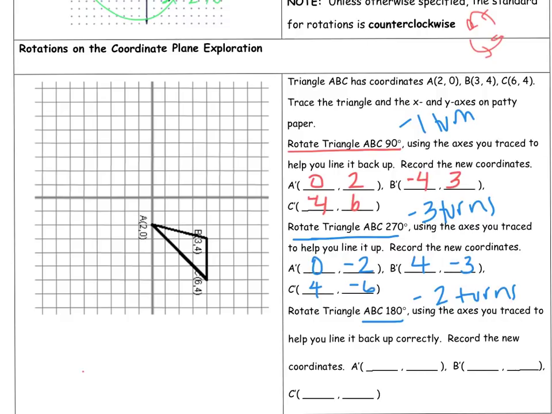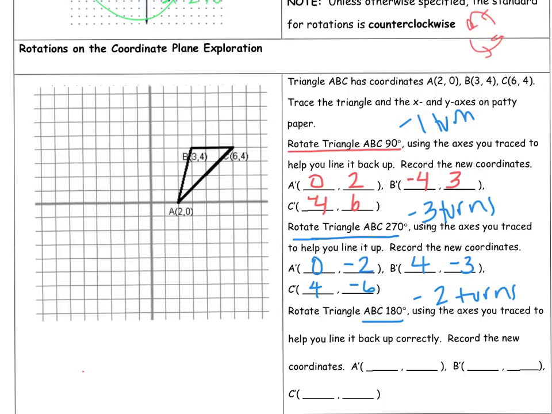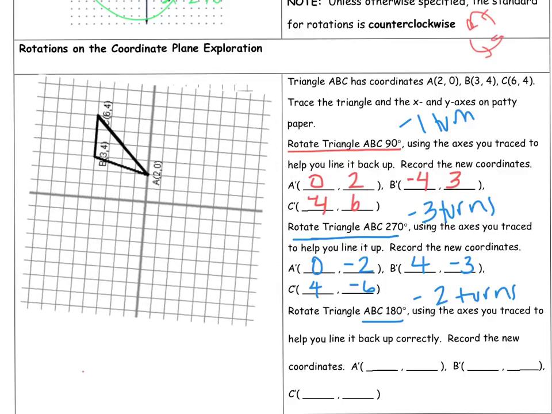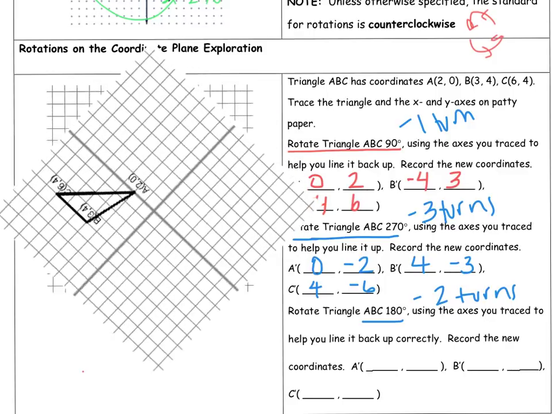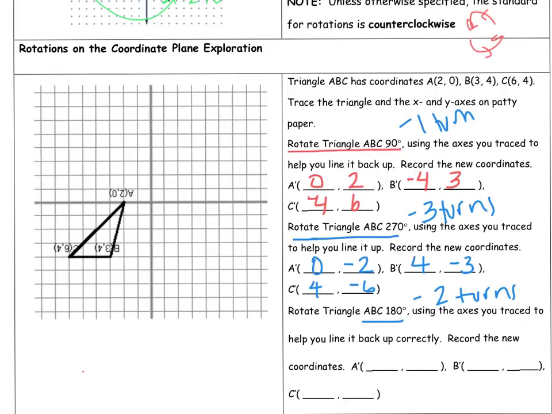And finally, we are going to rotate the triangle 180 degrees. So I'm just going to put it back where we started. And 180 degrees would be 2 turns. So take your patty paper, turn it once, and then turn it another 90 degrees, turn it twice. So here are the coordinates of our transformed image. A is now at -2, 0. B is now at -3, -4. And C is now at -6, -4.